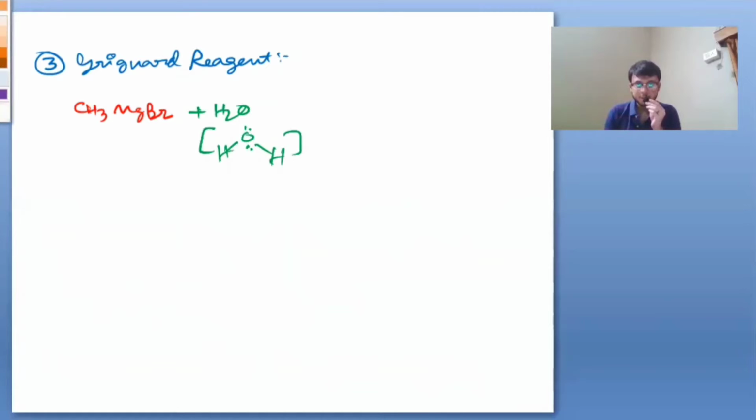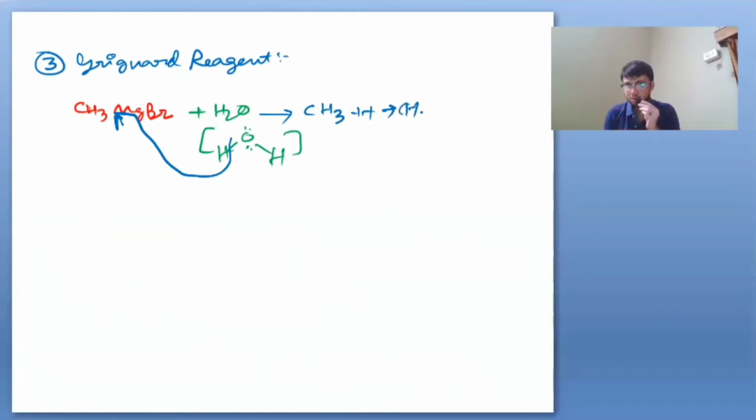Now what happens? This one H gets broken and gets added to this CH3. So what will the product be then? That will be our CH3H or CH4. So that's how we derive an alkane from Grignard reagent.